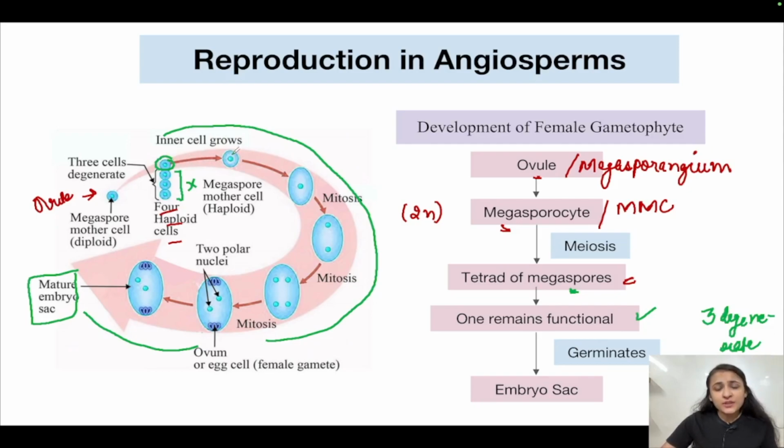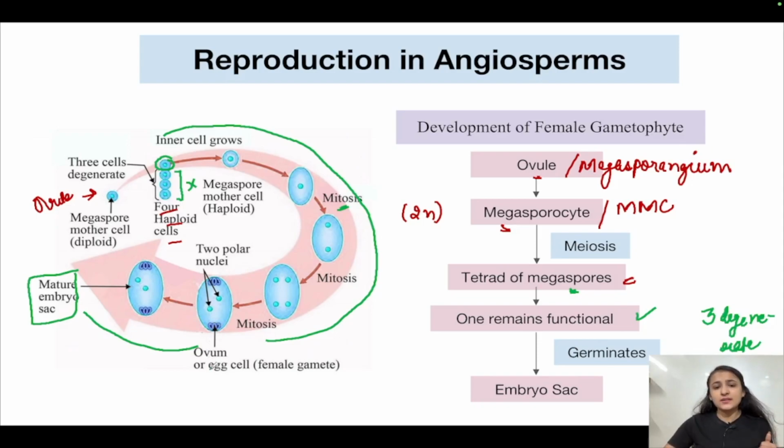This megaspore is maturing, increasing in size, then it will undergo mitosis. In mitosis, the nucleus is first dividing, then cells are formed. Ultimately, the structure which we call the mature embryo sac is formed, and the cellular and nuclear arrangement in a mature embryo sac looks like this.